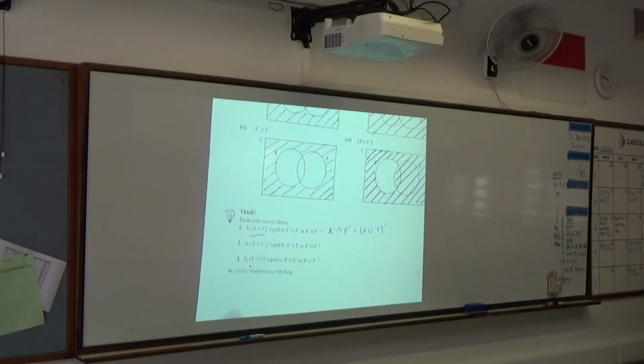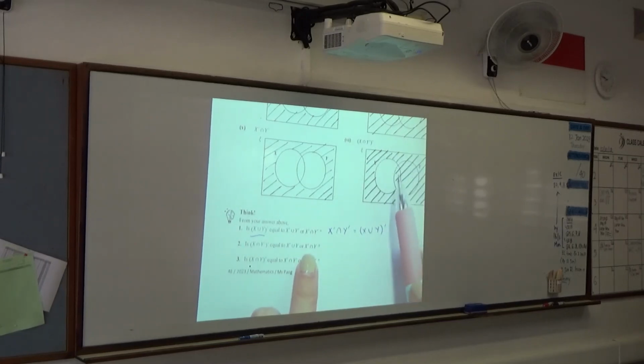Then question 2, we are asking whether x intersect y complement, bracket complement, which refers to this one over here, is it equal to x complement union y complement, or, maybe I jump the word complement, change it to prime, they mean the same thing, x prime intersect y.